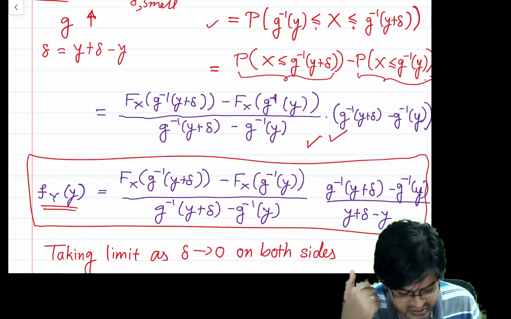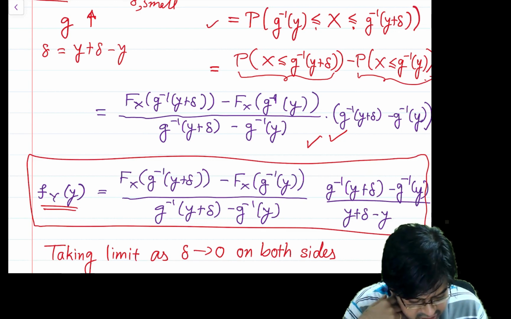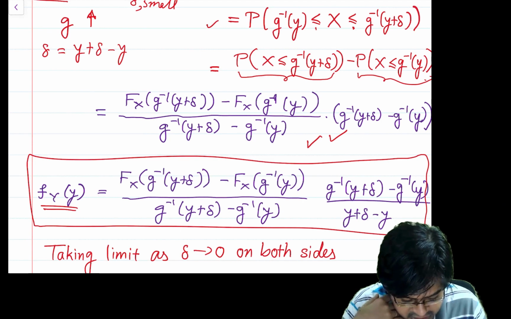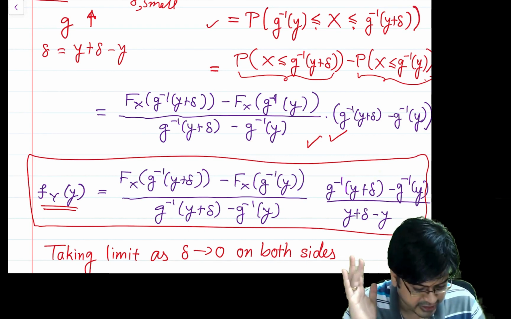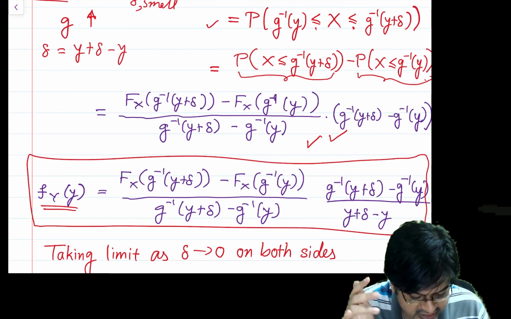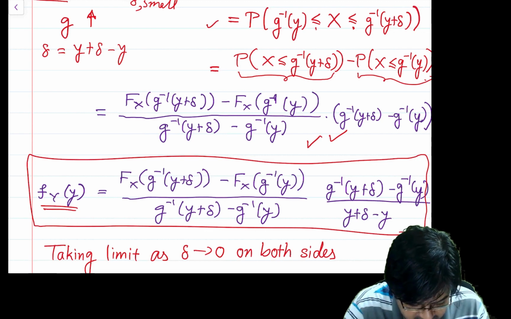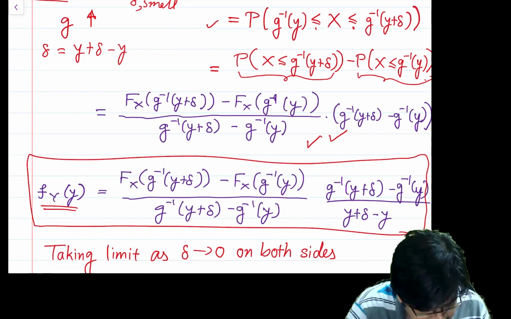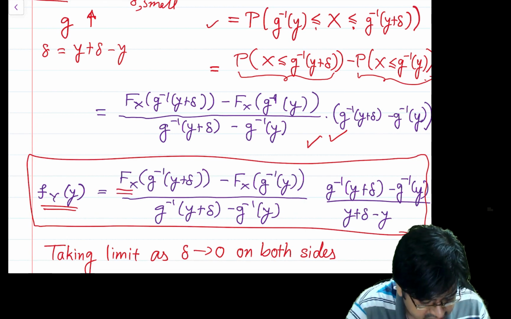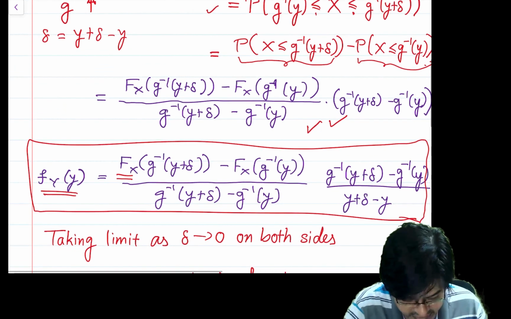You consider the first term on the right hand side, which is Fx of g inverse of y plus delta minus Fx of g inverse of y, with g inverse of y plus delta minus g inverse of y in the denominator. The limit as delta tends to 0 of this term will be nothing but the probability density function fx evaluated at g inverse of y.